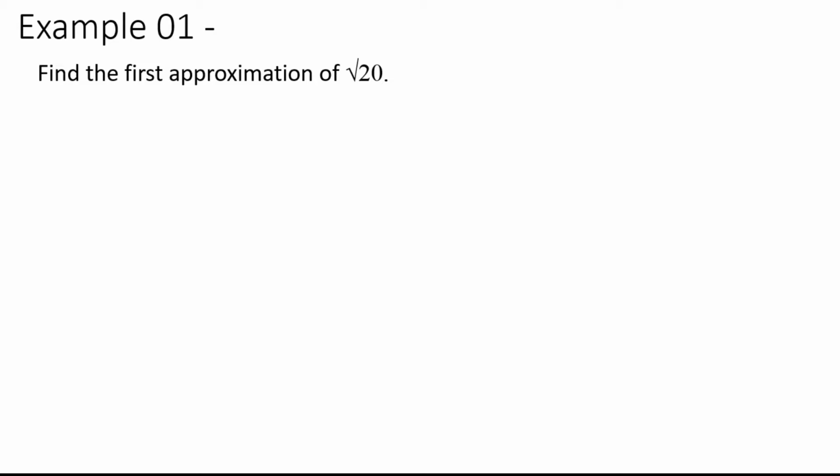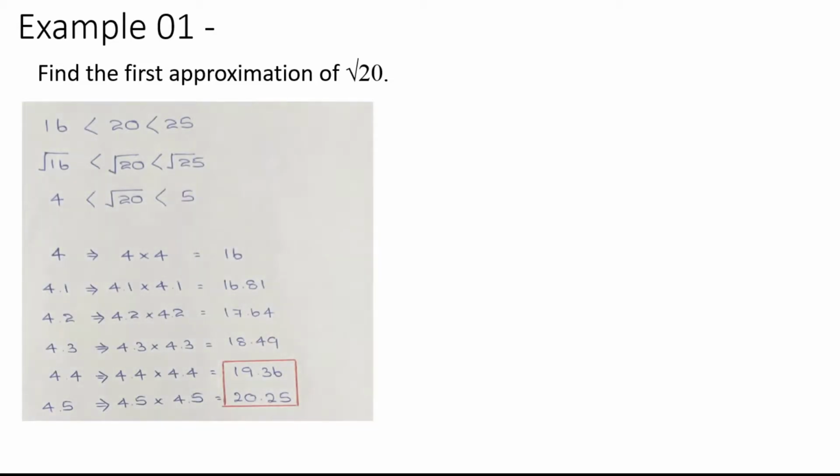Find the first approximation of the square root of 20. From the perfect square numbers which are less than 20, the one which is closest to it is 16. And from the perfect square numbers which are greater than 20, the one which is closest to it is 25. So let's write it like this.